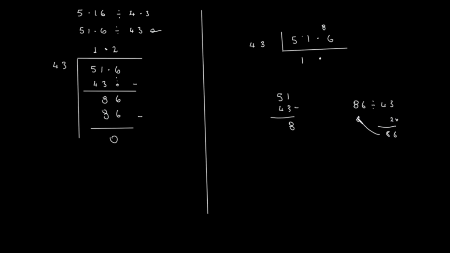So the answer there is 1.2. Now, I much prefer that method. This one I'm not so used to, that one I'm very used to. Trick: get rid of the decimal point in the number you're dividing by, and it makes it more straightforward.